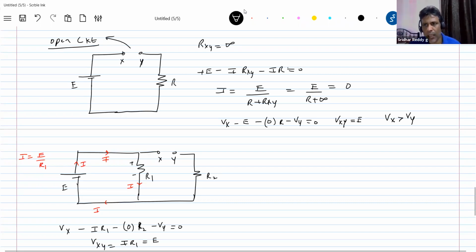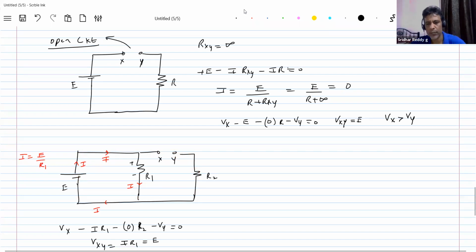Or instead of this, you can pick up a path like this. Plus Vx minus IR1, 0 into R2, minus Vy equals 0. You can also pick up a path like this: plus Vx minus E, 0 into R2, minus Vy. You'll get the same answer.